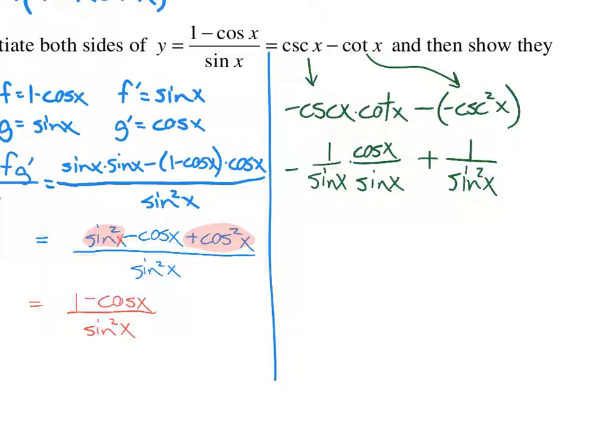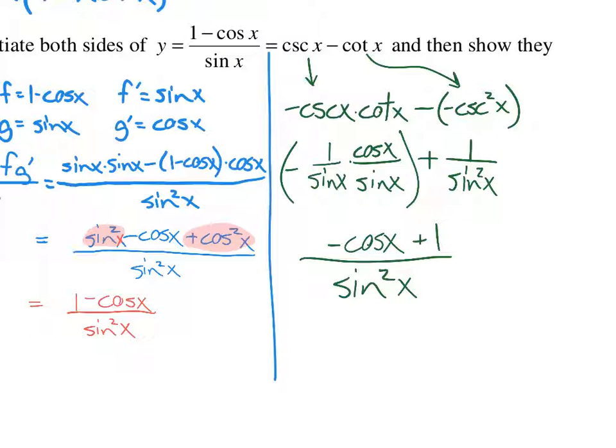They have the same denominator. We have a minus cosine x plus 1 over sine squared x. Are those the same thing? Yes. How did you get the minus cosine x? Because we had a negative 1 over sine times cosine over sine, so I just pulled the negative up here.